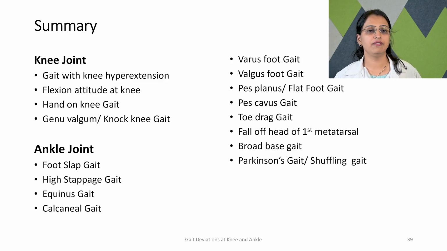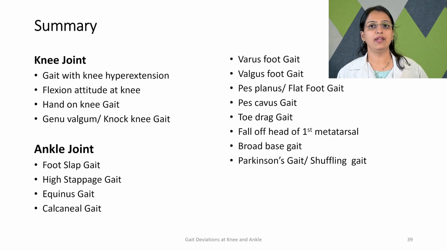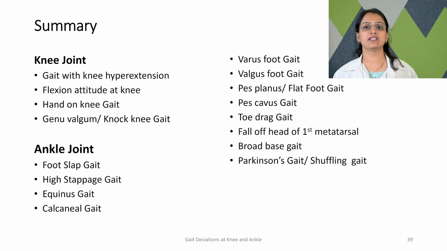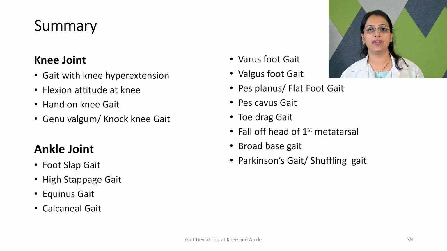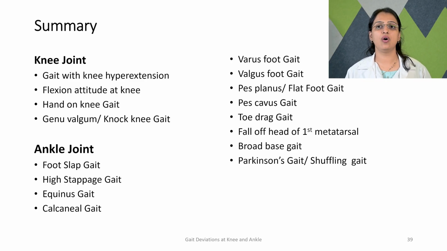In the ankle joint, we have seen foot slap gait, high steppage gait, equinus gait, calcaneal gait, varus foot gait, valgus foot gait, flat foot gait, also called pes planus, pes cavus gait, gait with toe dragging, fall of head of first metatarsal, then broad base gait, and the last one is the Parkinson's gait or shuffling gait.